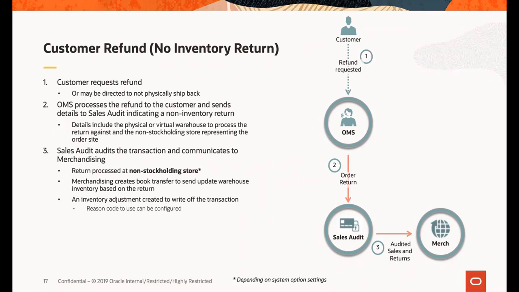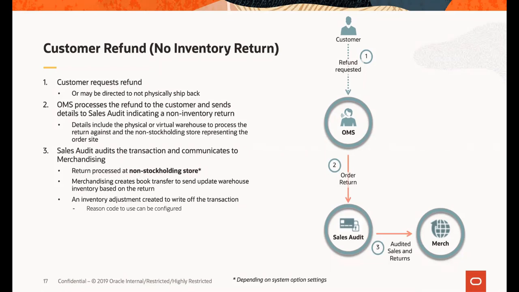Order management would send a return transaction to merchandising against a warehouse location. That is something that would be configured within order management, to say which warehouse would be used in this situation. Then the return would be processed against the non-stock holding store, and inventory moved into the warehouse and then written off using a specific reason code for that inventory adjustment.